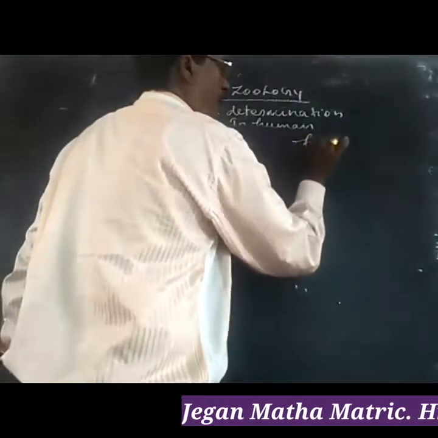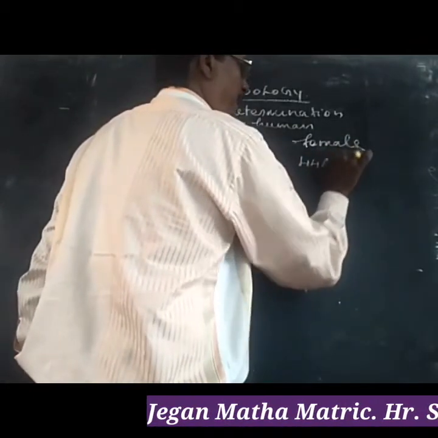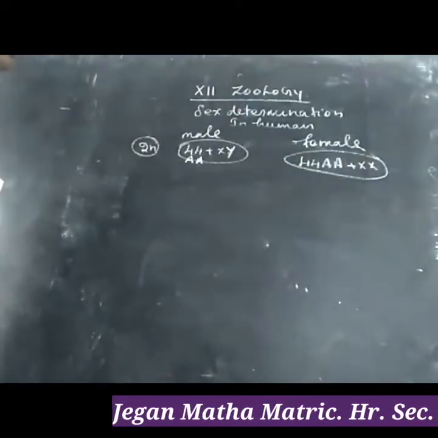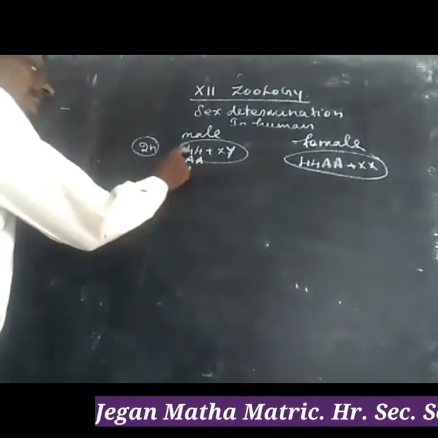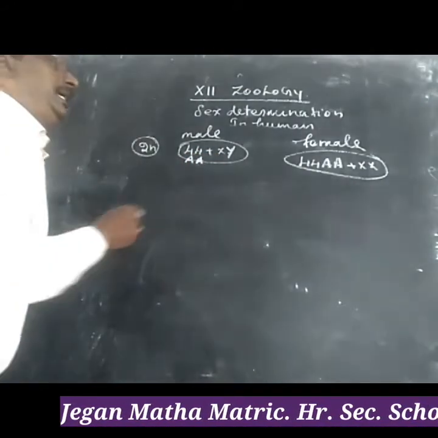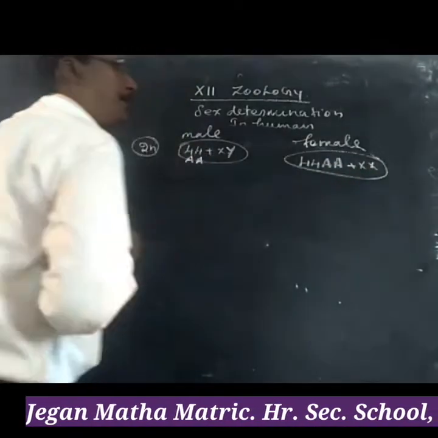But in a female, it is 44 AA plus XX. Here the 44 AA plus XY, and here the 44 AA plus XX.